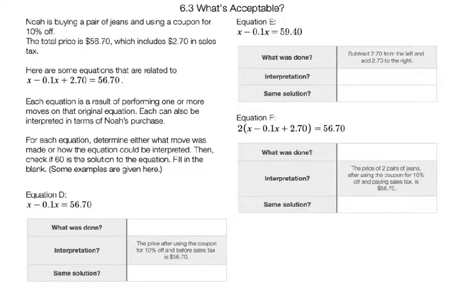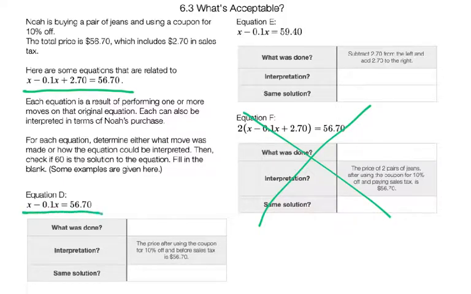What we're supposed to do is figure out what went on. And we didn't do everything on this page. So let's start with equation D. In fact, we didn't look at equation F at all. So again, here's our original right here. There it is. And here is my new equation right here.